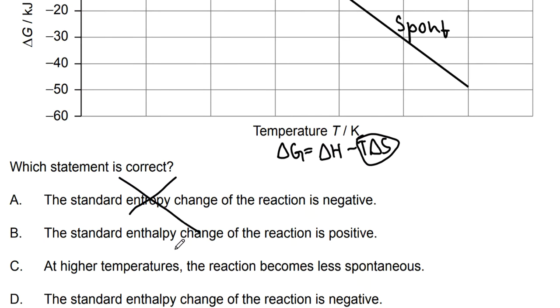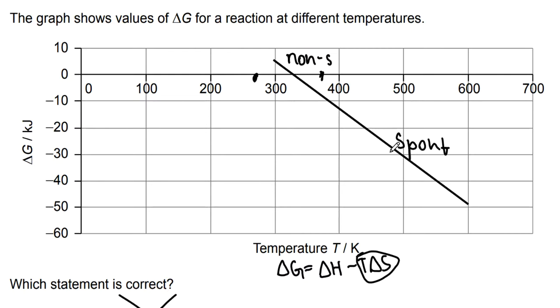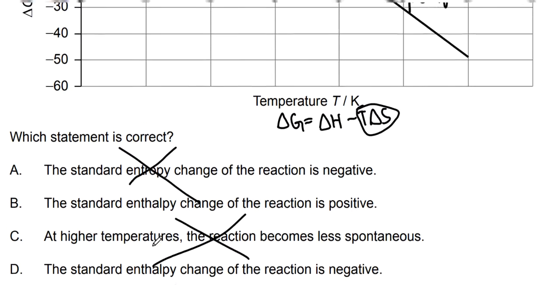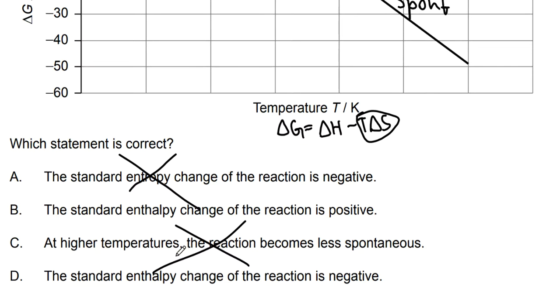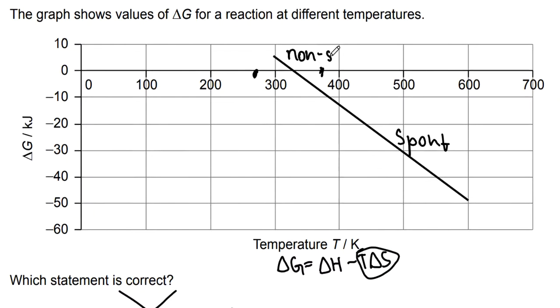So let's just check the other options. At higher temperatures, the reaction becomes less spontaneous. That's not true because we get it more negative at higher temperatures, which means it's more spontaneous. The standard enthalpy change of the reaction is negative. That's not true because like I said earlier, at low temperatures, the delta G value is going to be dependent on the delta H value.